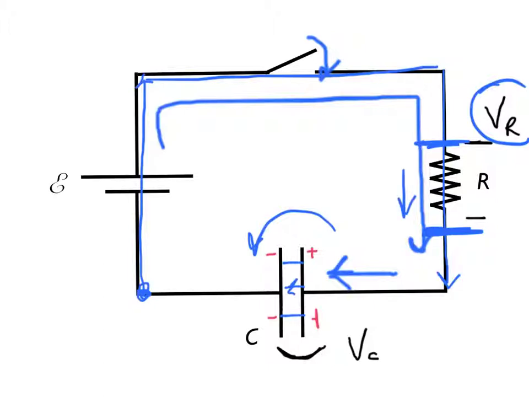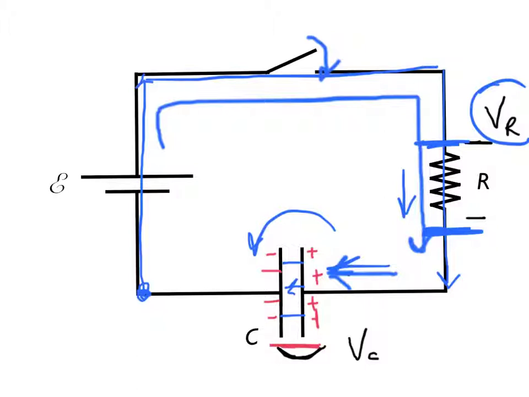And when there's less current, the rate at which little pluses are coming onto the plate and piling up is lower. Less current means fewer charges piling up, so this potential is not building up at the same rate. So as the current falls, the rate at which the capacitor charges up also falls.